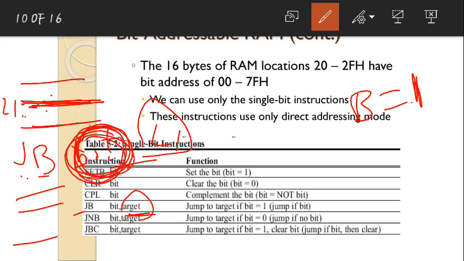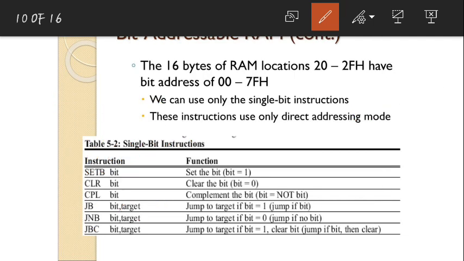When this bit becomes 0, then it will not jump, because the condition given was jump if bit is set. So if there is no bit set, it will not jump anywhere, it will simply execute the other lines of the program. That is the meaning of this instruction.